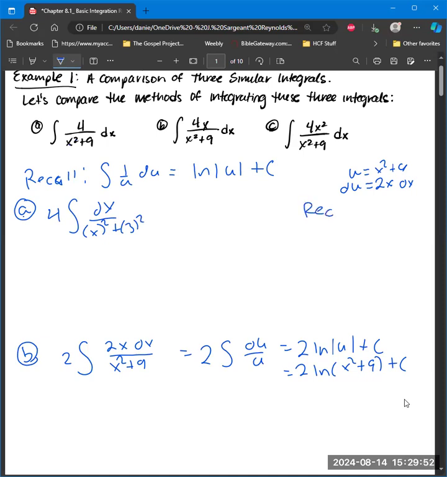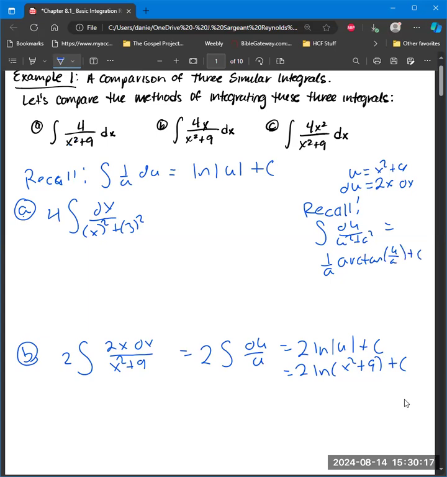Recall here that the integral of du over u squared plus a squared is equal to 1 over a arctangent of u over a plus c.